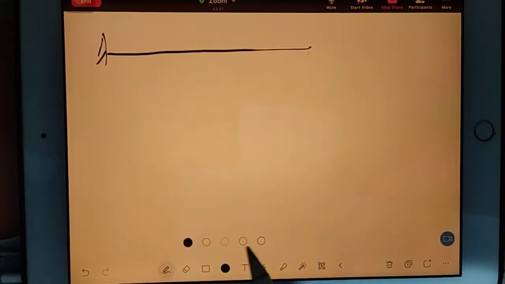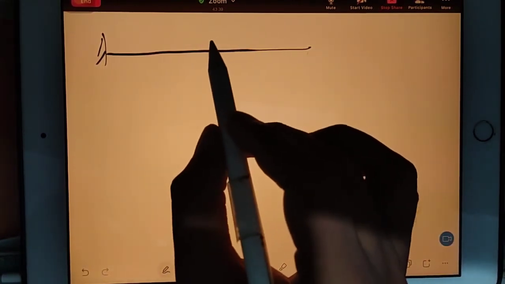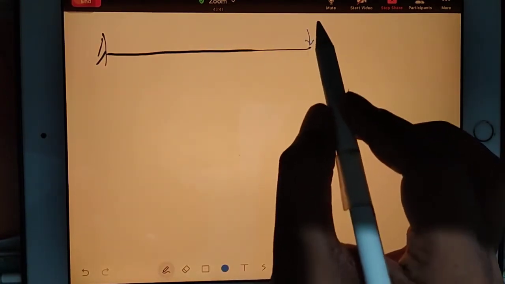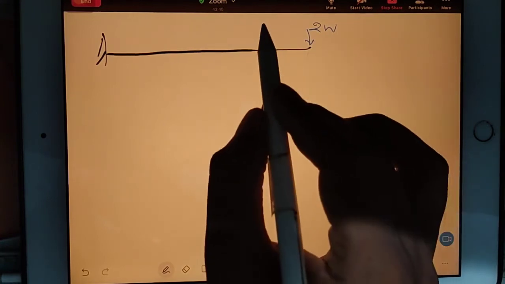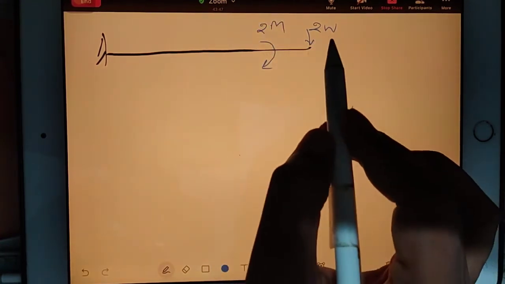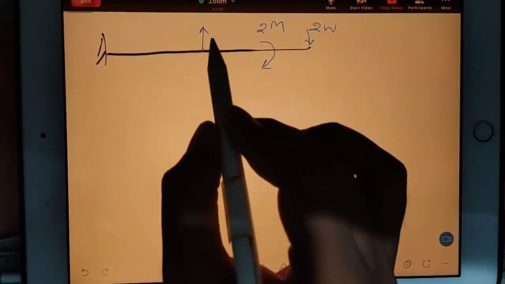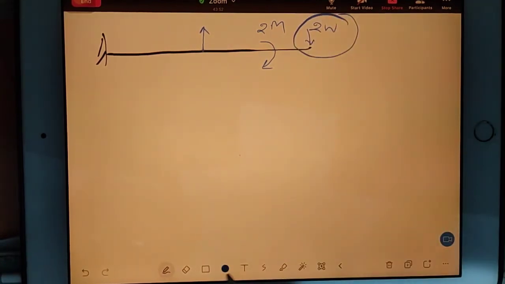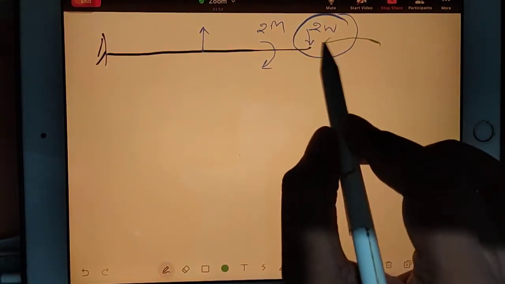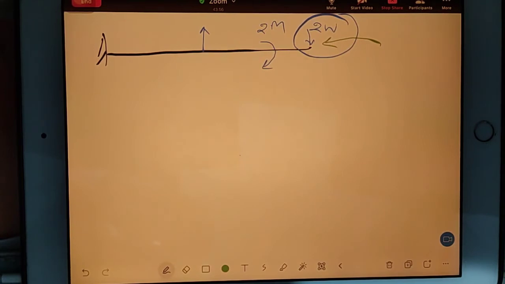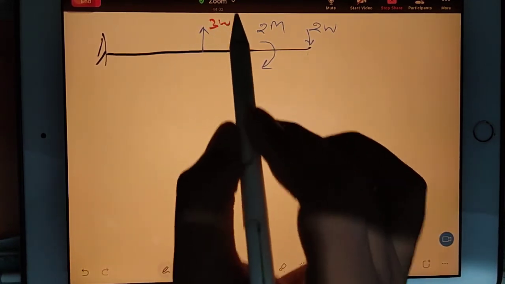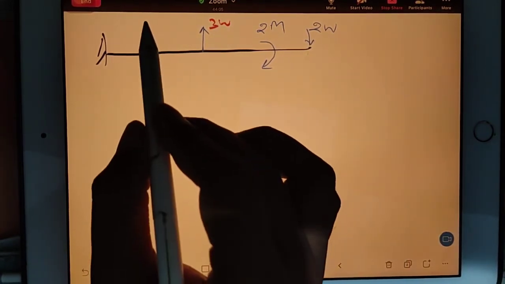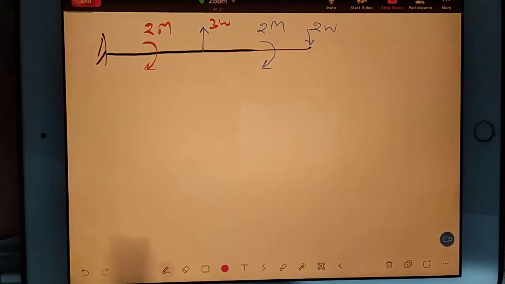Now take this question. This is going to be a mixed question. Suppose here I am applying a load of 2W. Here I am applying a concentrated moment. What is the name of this kind of loading? Try to recall. Very good, point load. So this is 3W, and then again suppose we have 2M.